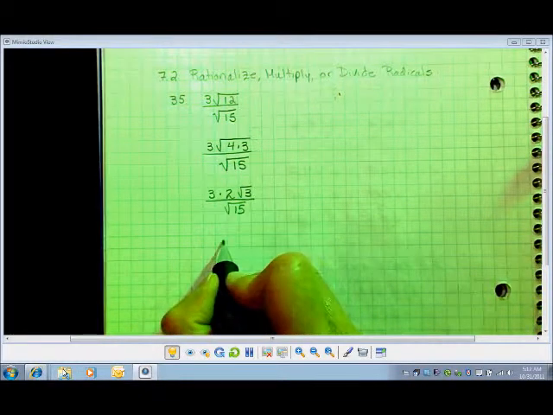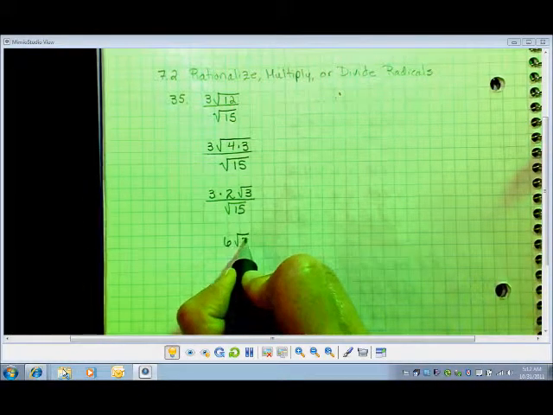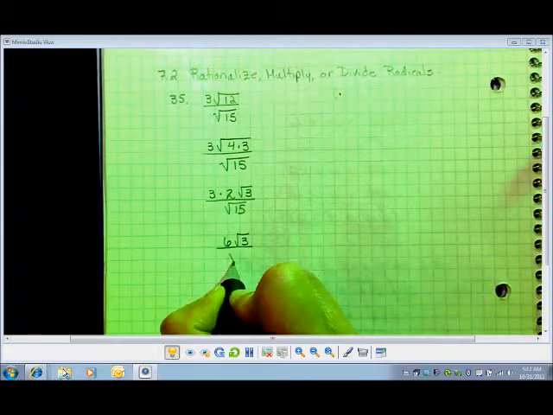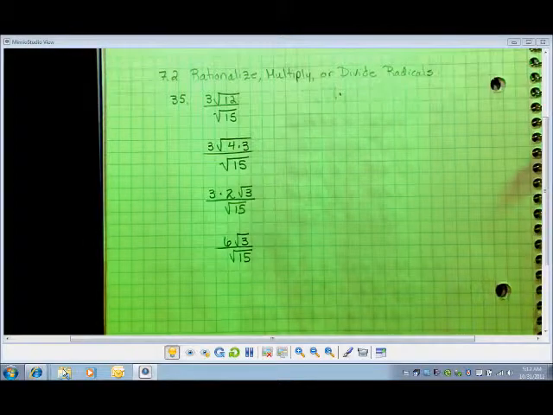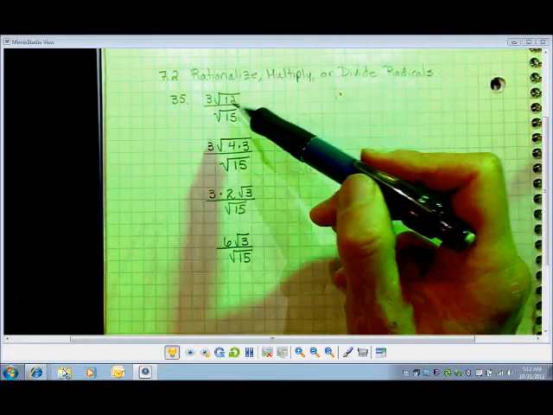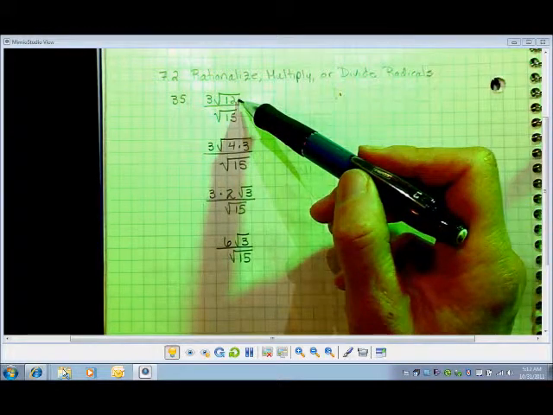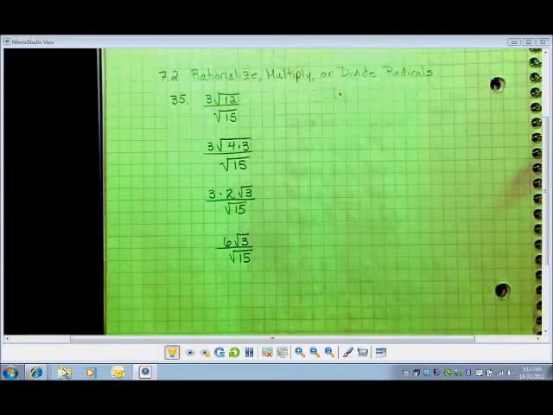So that leaves me with 6 square root of 3 all over square root of 15. Well, that didn't help me too much with the denominator, but at least it helped me not to have such a big number under my radical in the numerator.